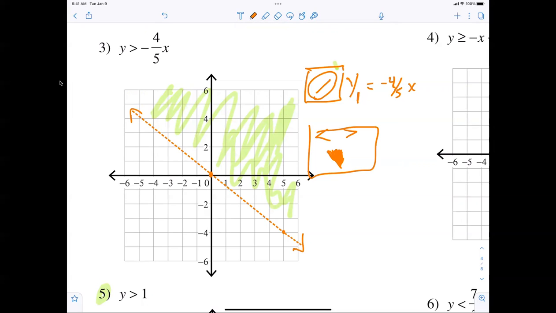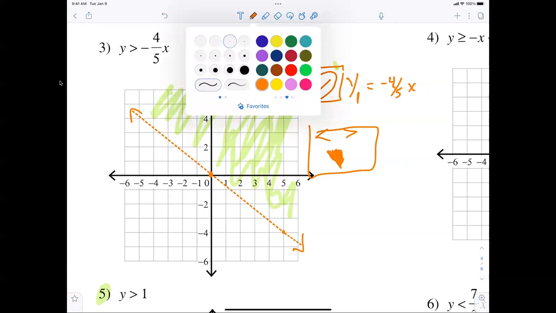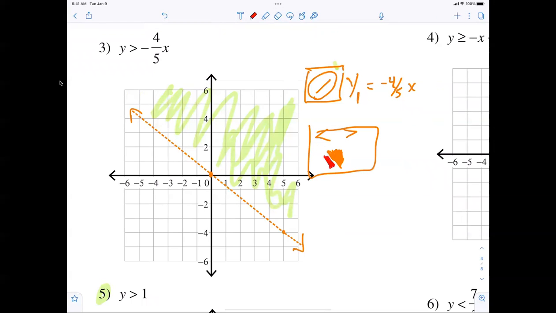The one that's shaded above is the greater than. The one shaded below would be what, if it was less than. But I always thought this was kind of a dumb thing, because if you don't know how to shade a line up or down, we're in a little bit of trouble. All right, for greater than or less than. But that's just another tool on your calculator that can help you solve these inequalities.